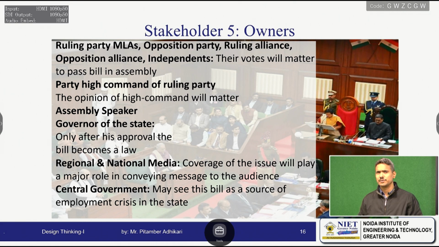Then there is the governor of the state, because any bill can only pass after the approval of the governor. Then there is the central government also. So there are different stakeholders related to owners. These are some examples of the owners, or stakeholder 5.